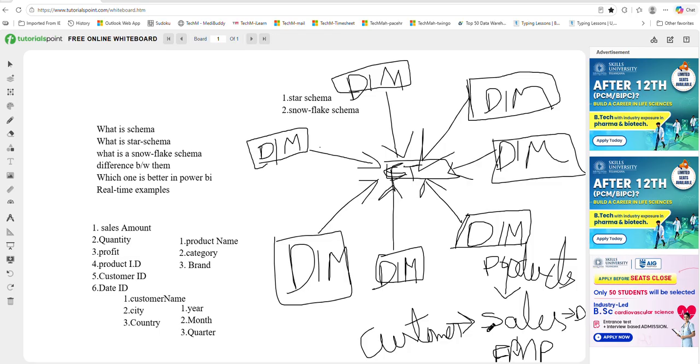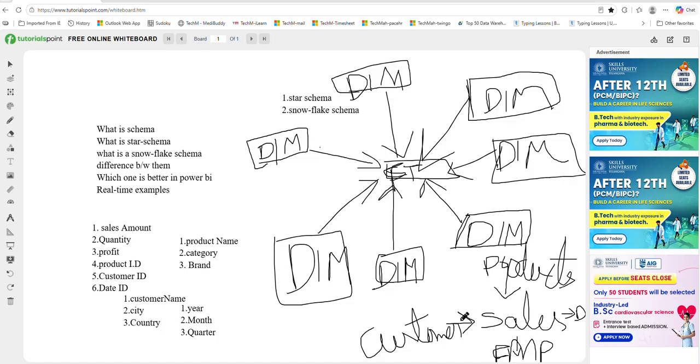So this is the star schema structure. Star schema is like this only. See here, it is like a star only, right? Product table, customer details, here employee details, and here date column is there. So the structure is like a star only.